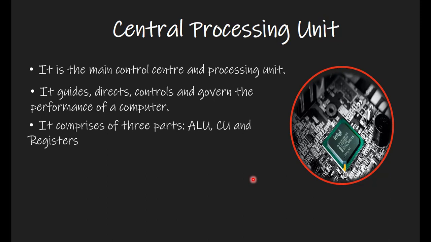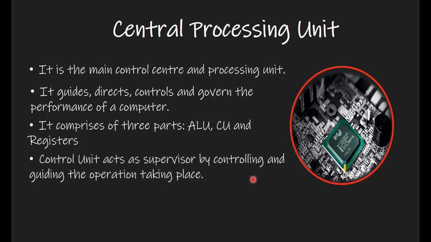The central processing unit comprises 3 parts. The first one is ALU, which stands for Arithmetic Logic Unit. The second one is CU, which stands for Control Unit. And the third one is registers. The control unit is the unit which controls and guides the operations taking place in the computer.